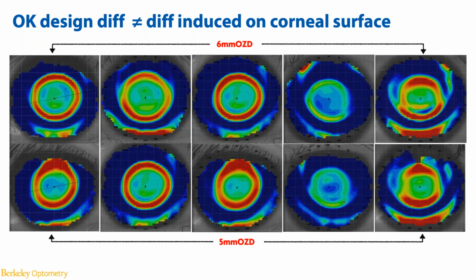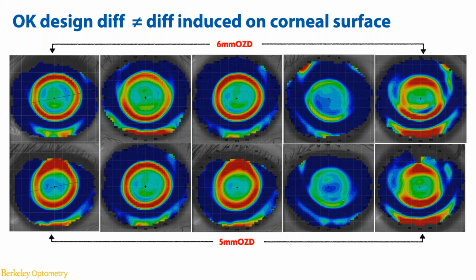So here I have randomly selected 5 pairs or 5 eyes, showing you their topographical change with the 6mm design, and on the bottom row showing you their topographical change with the 5mm OZ design. And you can see there are two important points I want to emphasize.